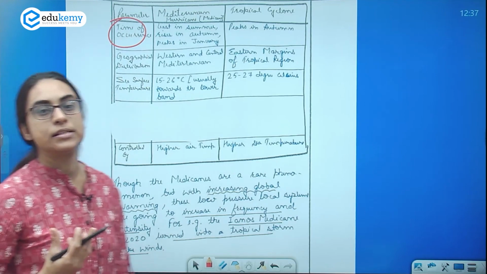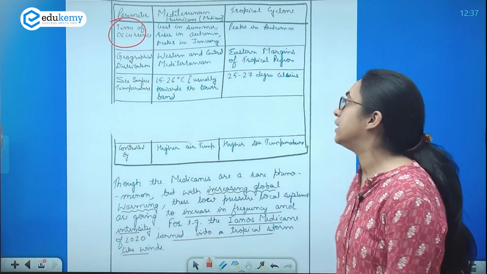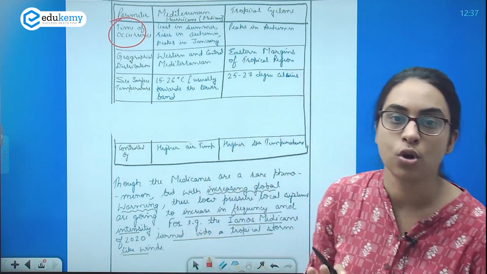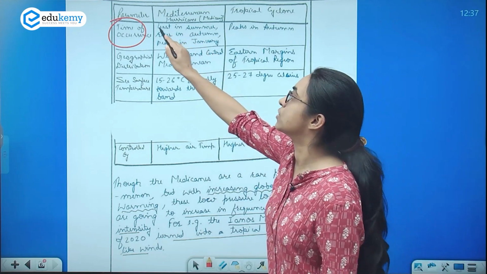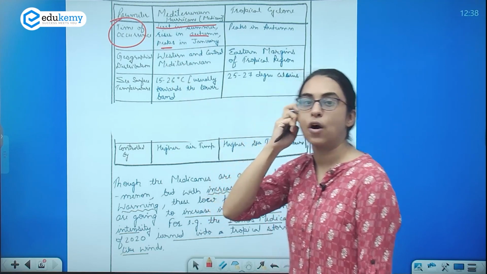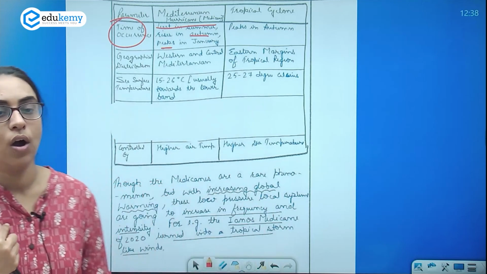We know tropical cyclones occur in late summers and early winter, but Medicanes can generally occur at any time, most commonly in autumn, and least in summers. So they are least in summers and the peak is in autumn. And even for the tropical cyclone, the peak is in the autumn region.